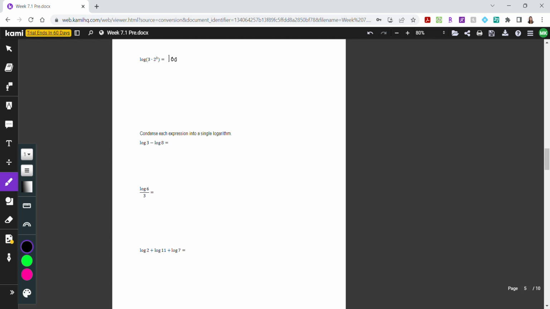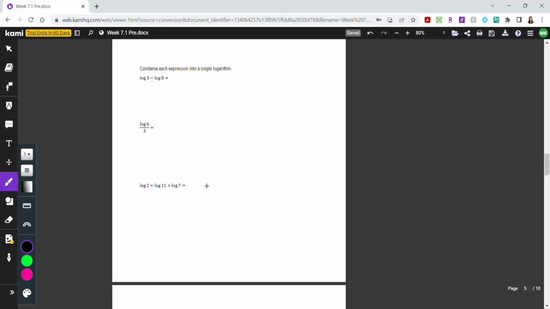It's going to be log 3 plus log 2 cube. We have an exponent, so we're going to write it to the side, right? And then since this has nothing left, we're just going to leave it as it is. So our final thing is going to be log 3 plus 3 log 2. All right? And that's how you expand.